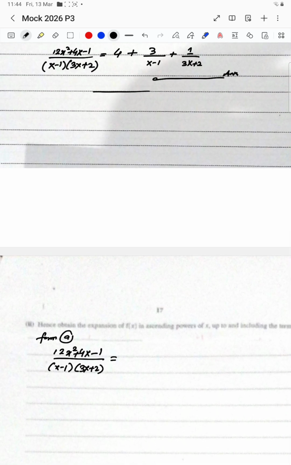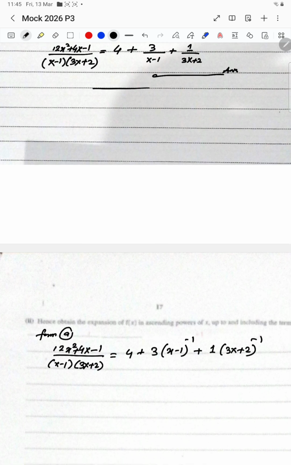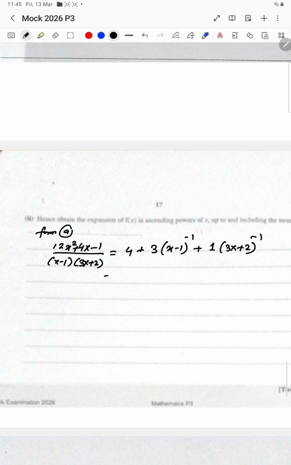That was ascending power x square. That was 4 plus 3 times, I can bring it up, minus 1, plus 1 times 3x plus 2 power minus 1. Now I need to expand them to get the answer, and before I expand it I need to reshape this to make the first term 1 to apply the series.